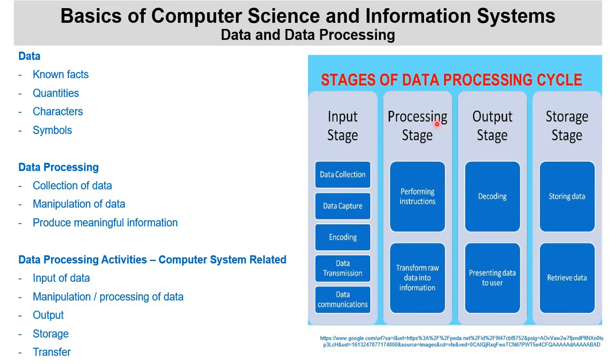What you see here are the stages: an input stage, the processing, where some instructions transform the raw data into information, decoding what that information is and presenting it in a user-friendly way to the reader or the user. And you can also store that data for the future so that you can retrieve it.